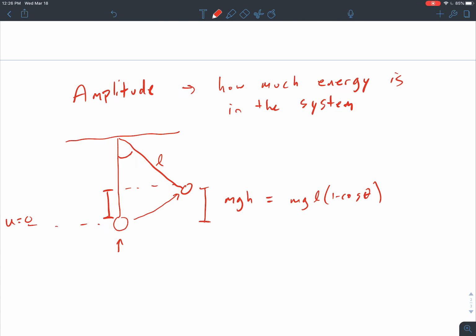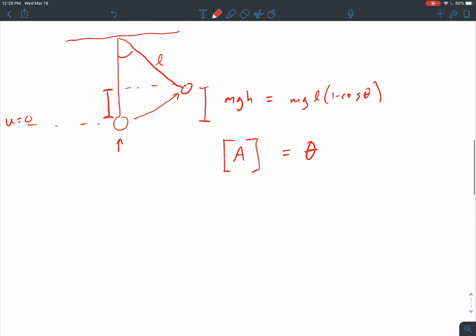So for a pendulum, the unit of amplitude is just theta. It's how far away from the equilibrium you are. So this is our equilibrium. How far can be characterized by theta. Okay. Spring and mass system.